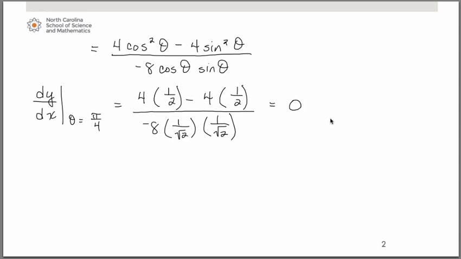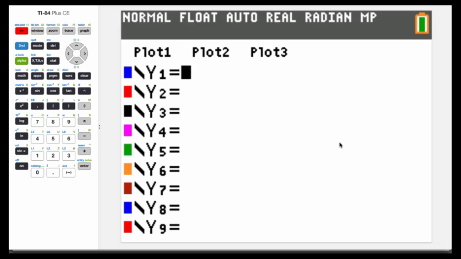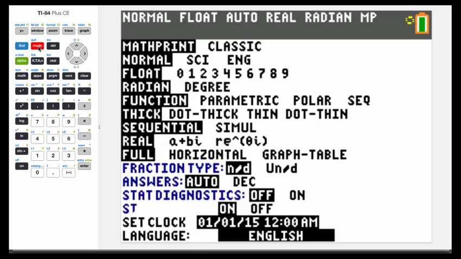So let's go ahead and look at the graph of this, and we'll confirm that at theta equals pi over 4, we do indeed have a horizontal tangent line. If you switch over to your calculator, let's put it in polar mode. Remember, you'll hit your mode button, and then go down to the line that says function, parametric, and there is polar.